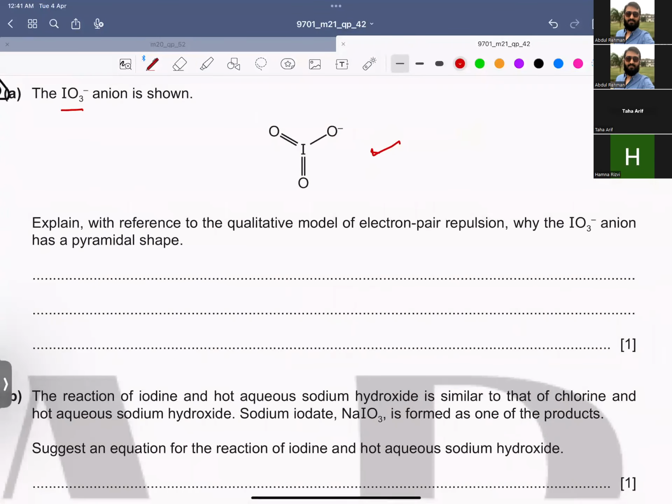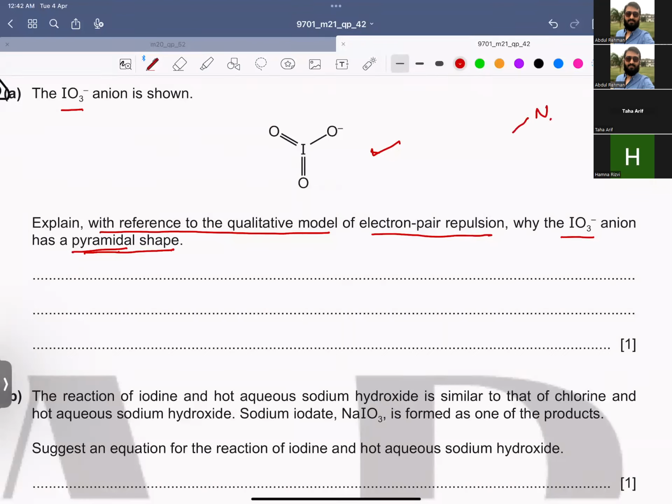Now what they are asking: explain with reference to the qualitative model of electron pair repulsion why the iodate anion has a pyramidal shape. Yes, see, it's from AS. Whenever you recall the pyramidal shape, let me give you a common example.